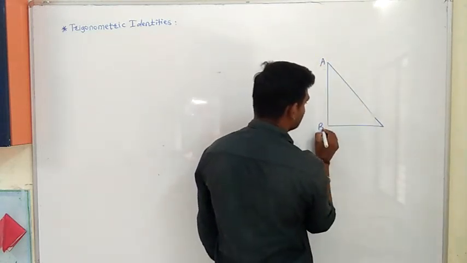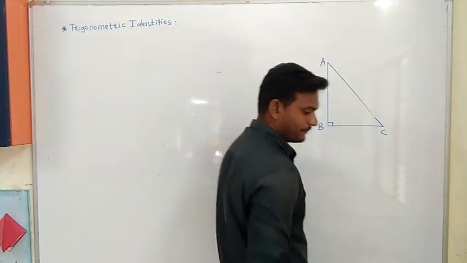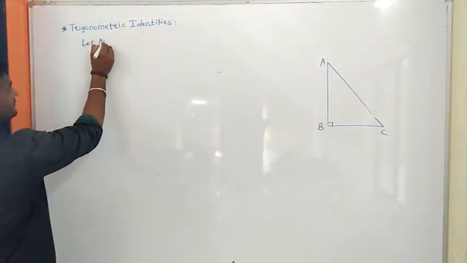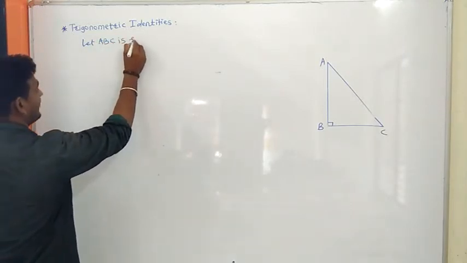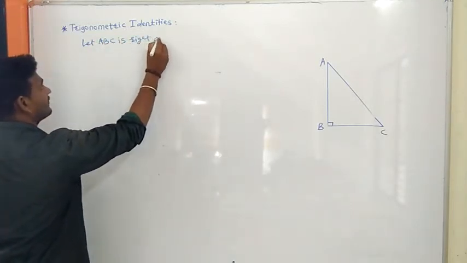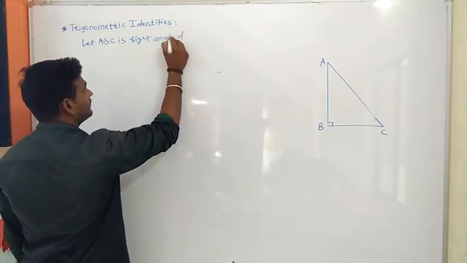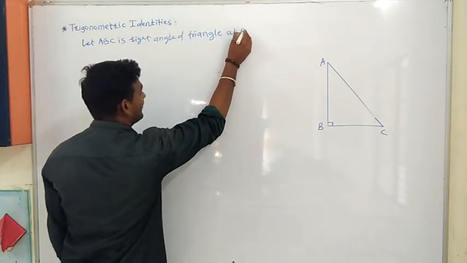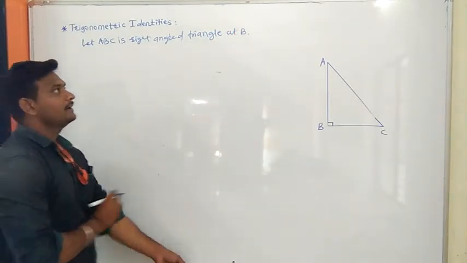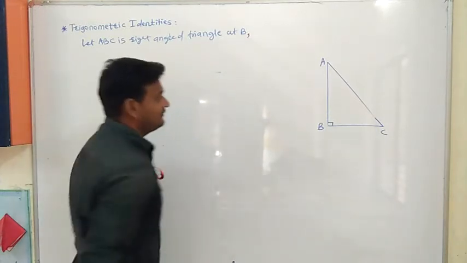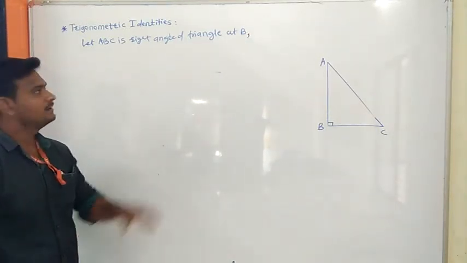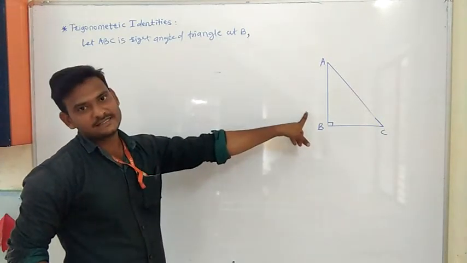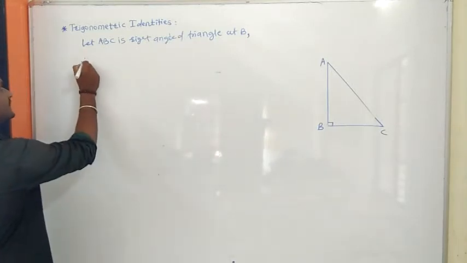Let ABC be a right angled triangle, right angled at B. Now, can we apply the Pythagoras theorem in this triangle? If ABC is a right angled triangle at B, then can we apply the Pythagoras theorem? Yes, by using the Pythagoras theorem.